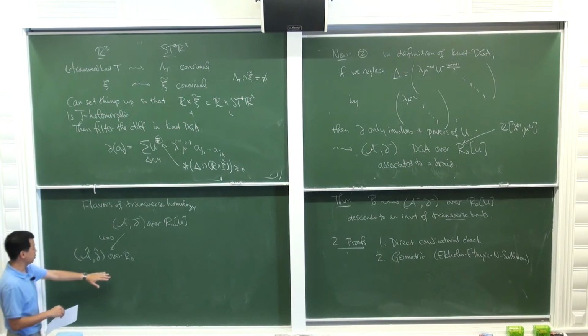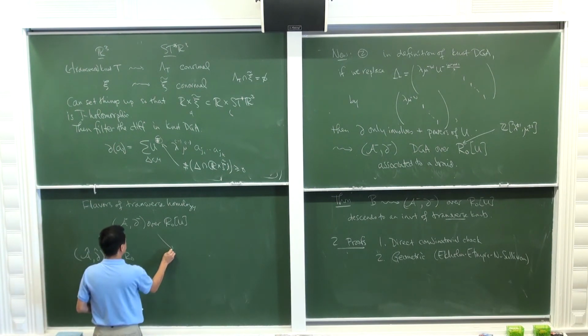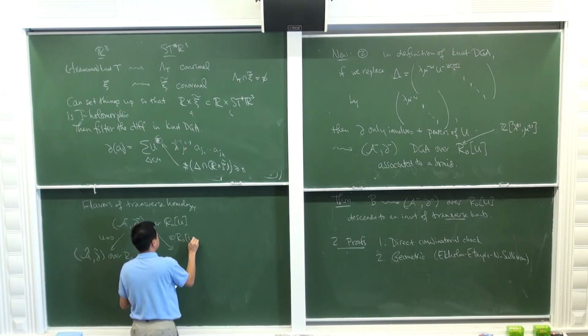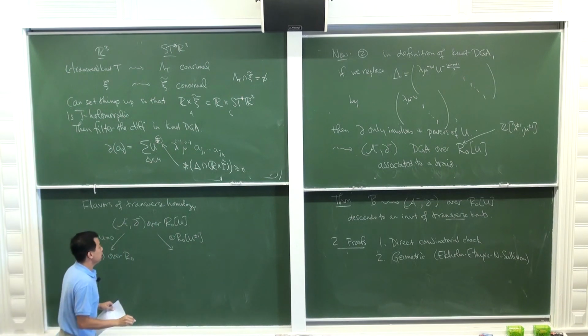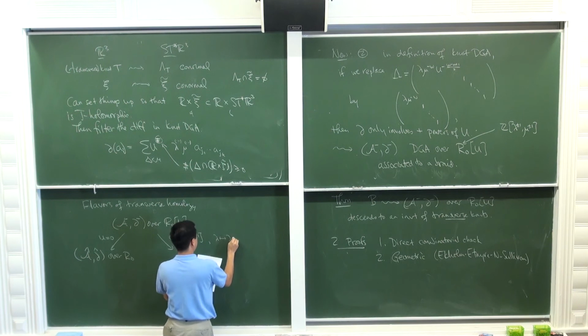And so now that U is gone, you just get something over this green R0, which is given up there. Another thing that you could do is tensor with R0[U, U^-1], and then you do this little thing that isn't so important.